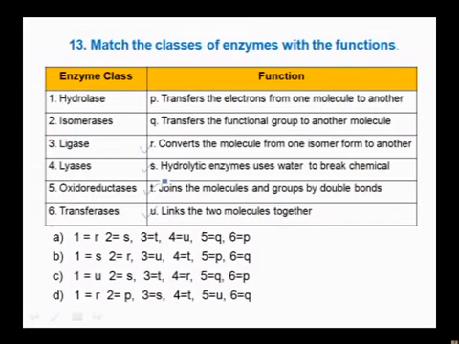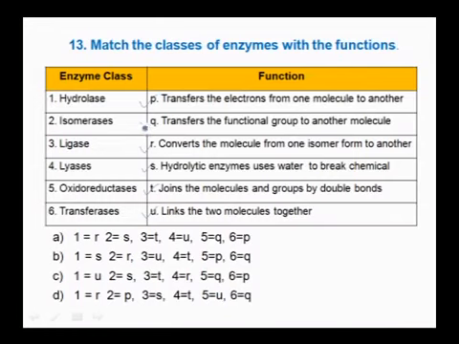Next one is oxidoreductase. The name clearly indicates it is associated with electrons. So the option for this is the first one, that is, it transfers the electrons from one molecule to another, thereby causing oxidation and reduction one after the other. The last one is transferases.